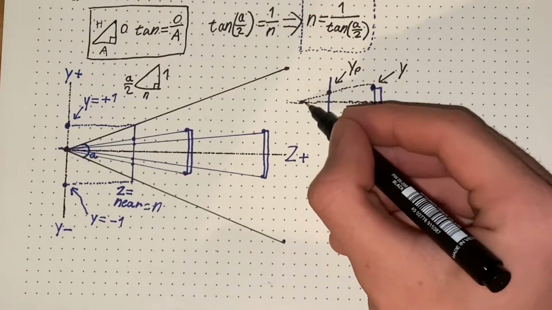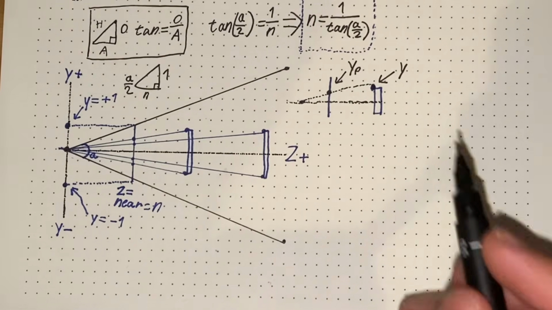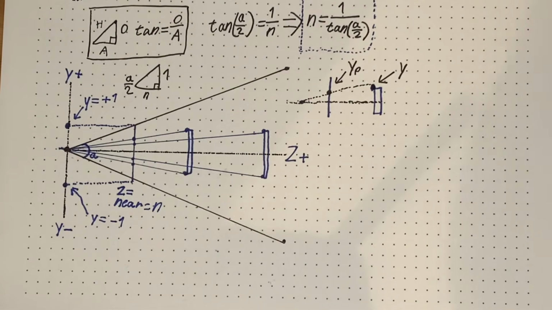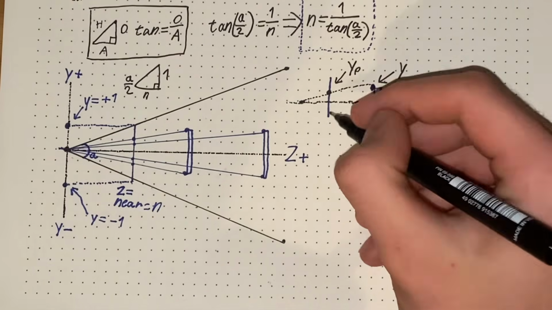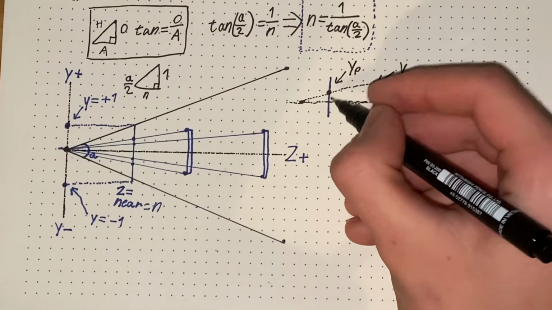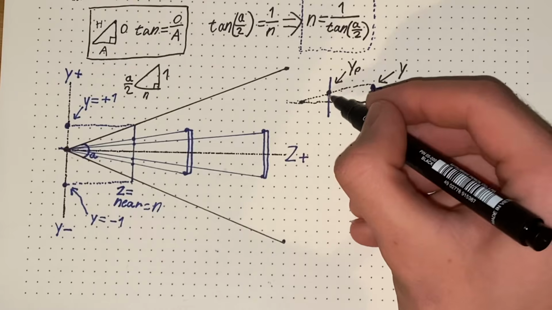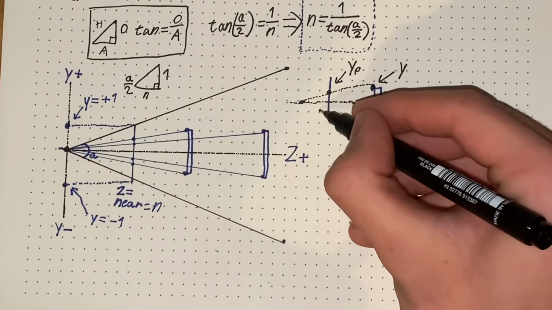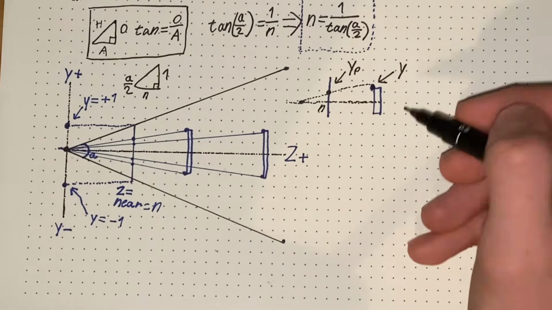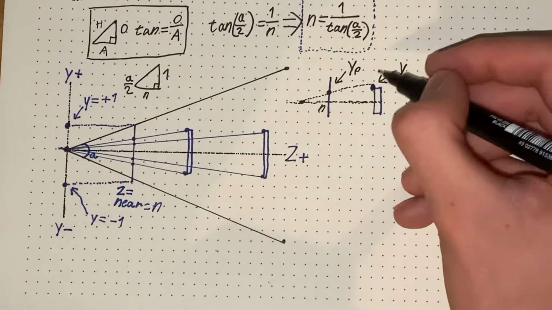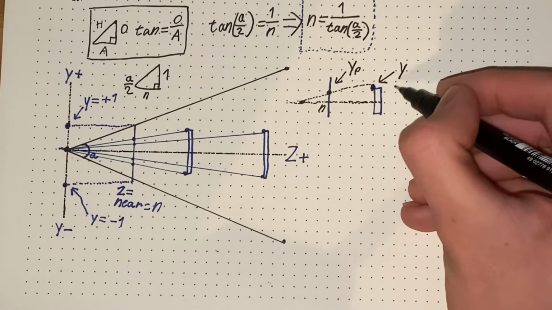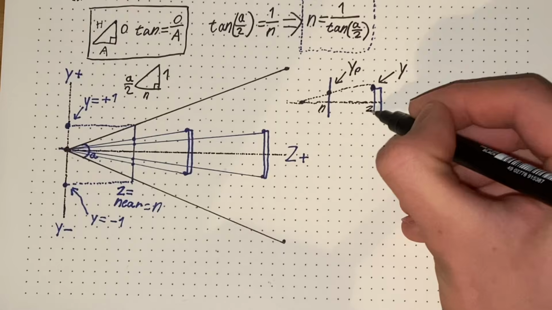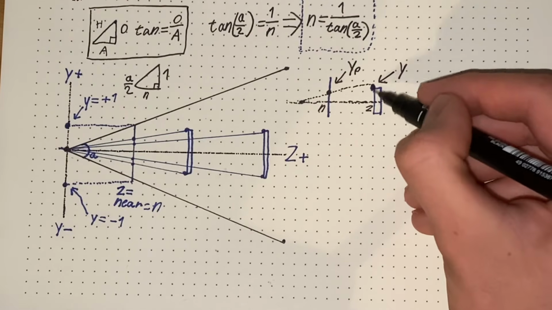Then we can look here and see there are actually 2 right triangles. There is one here with yp and n for our near, and another one here with y and z, whatever the z value of this point is.